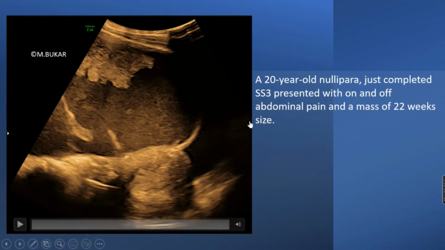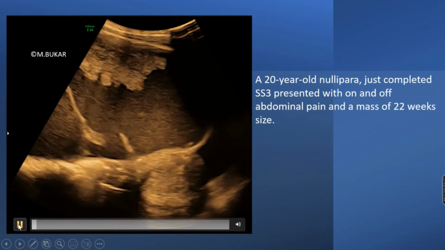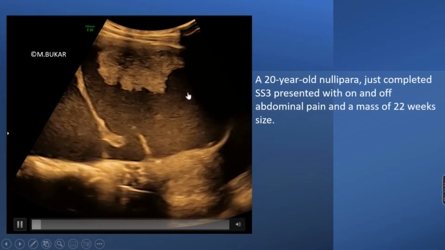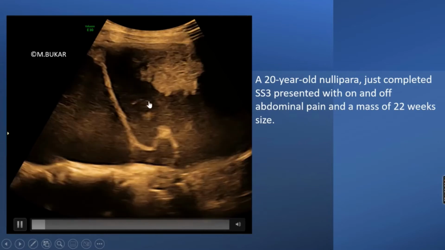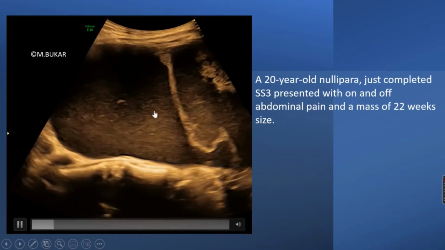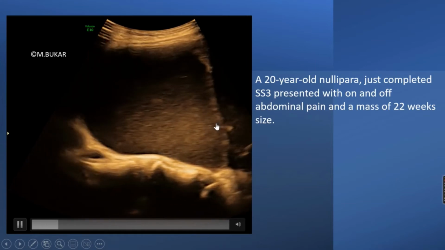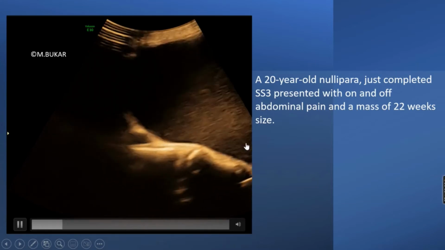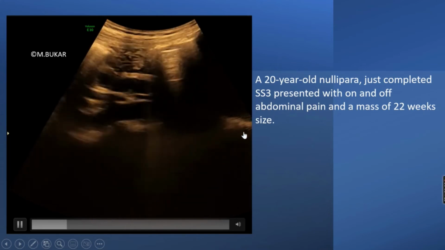This was a 20-year-old nullipara who complained of on and off lower abdominal pain. Now, let's look at this cyst contents, the multiloculation, the irregular septation.